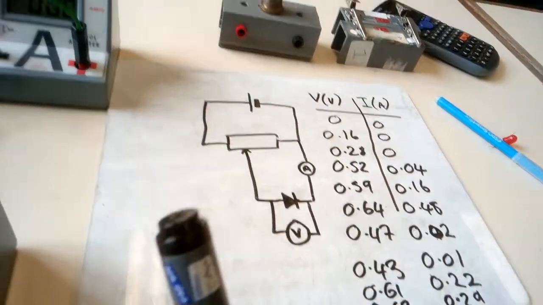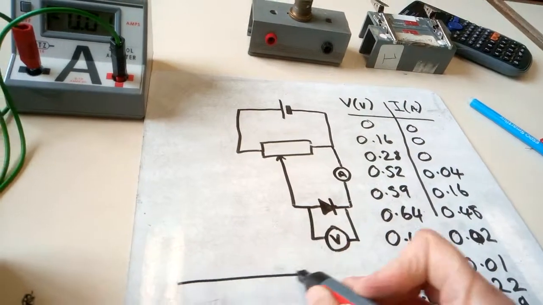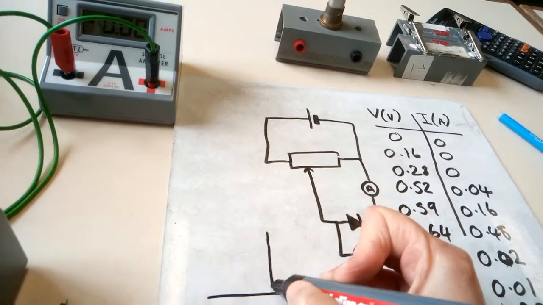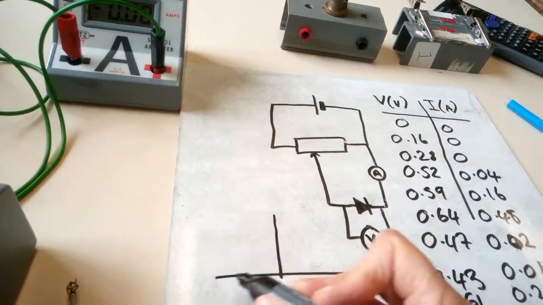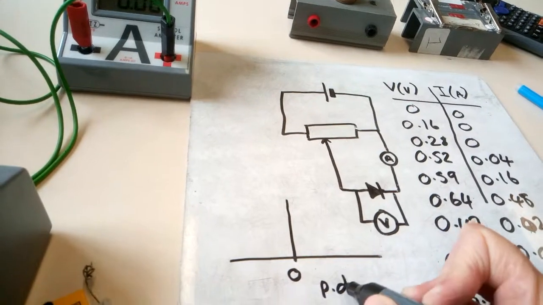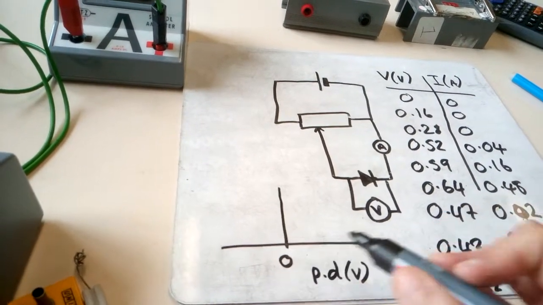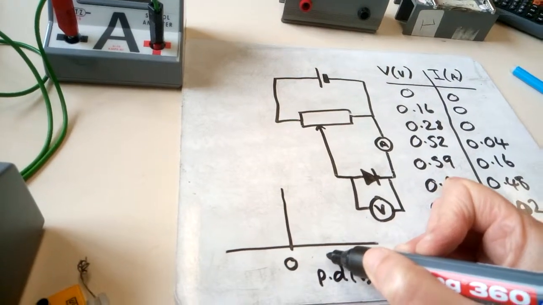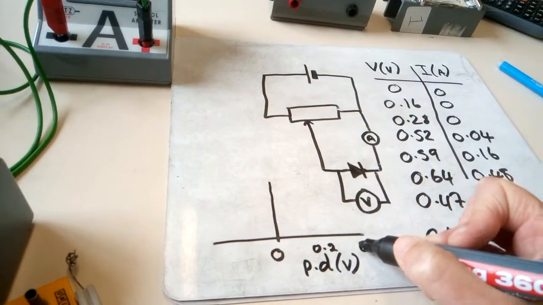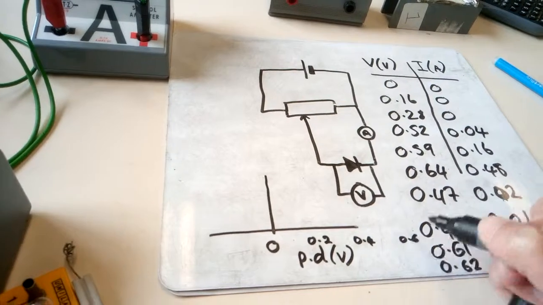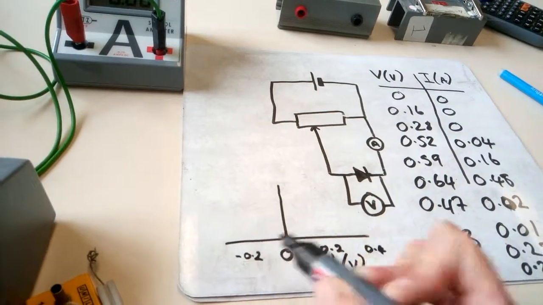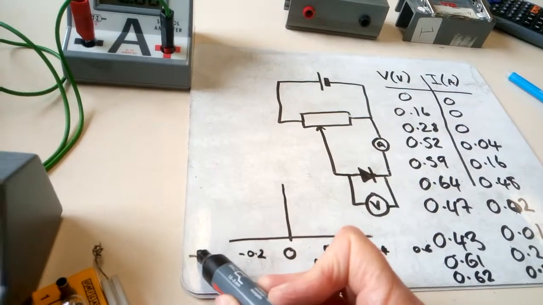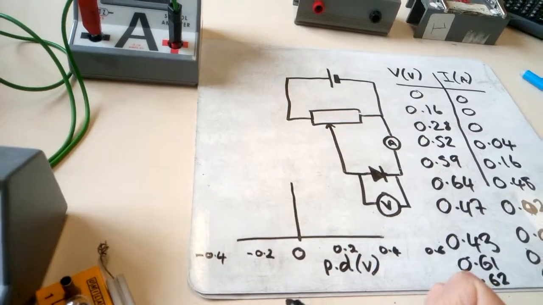Think, though, if you were plotting this with potential difference on your x-axis, going from 0 up to 0.64, so you go 0.1, 0.2, 0.3, 0.4, 0.5, 0.6. What would the graph look like in the negative direction, when we've got a negative potential difference?